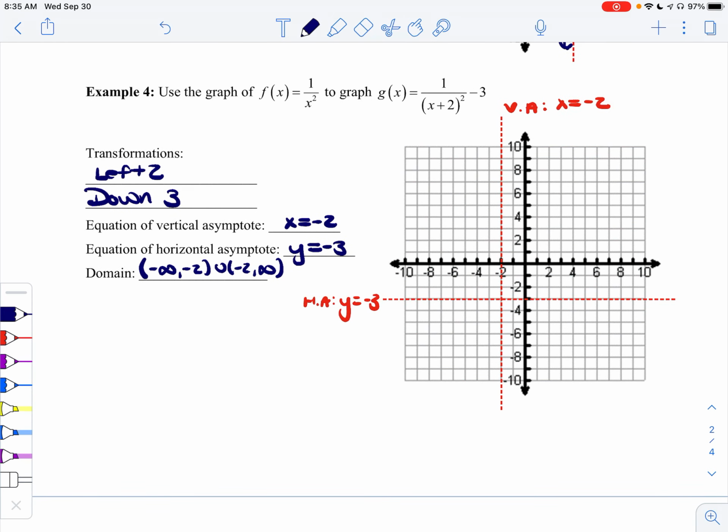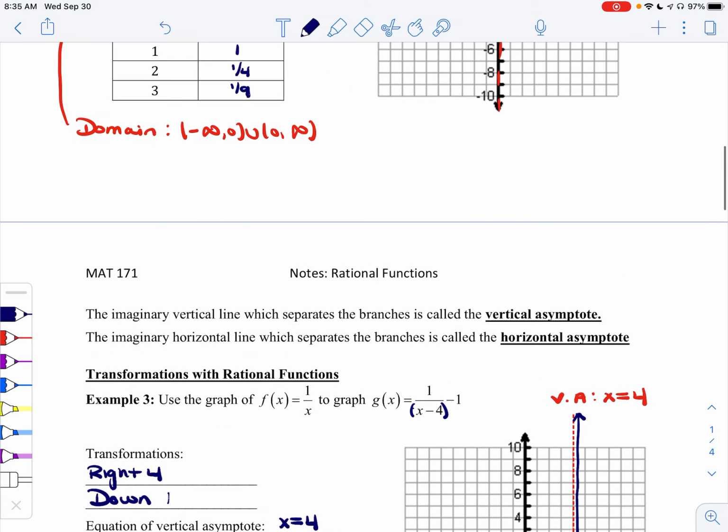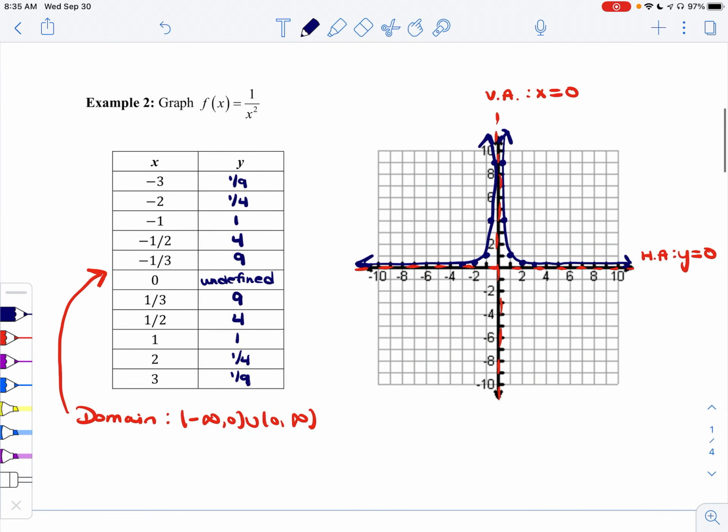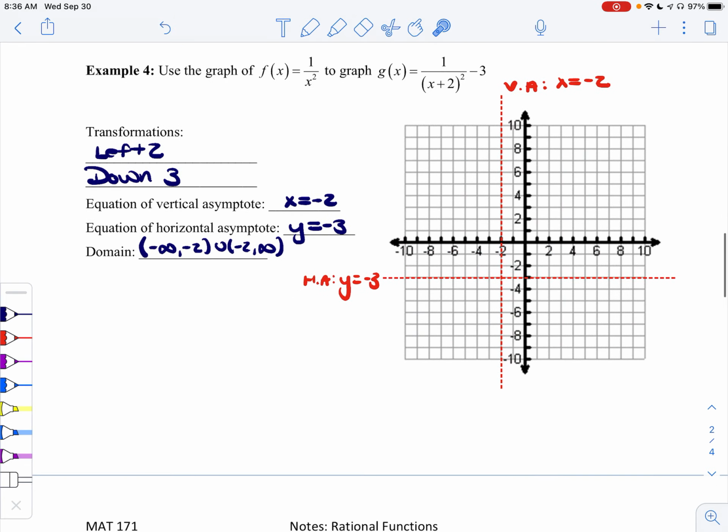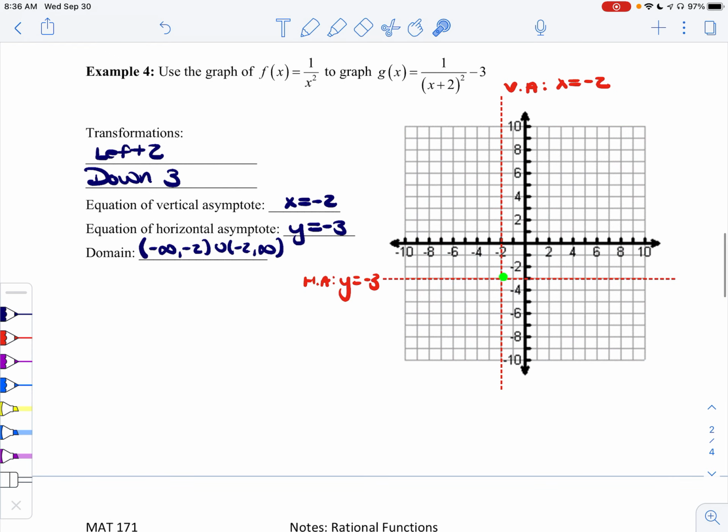All right, and of course we still need to actually sketch in the branches of the graph itself. So again, just remind yourself of the parent function. So relative to our asymptotes, our graph was in quadrants 1 and 2. So now think about this intersection right here as your new origin point. So relative to our new asymptotes, our graph is still going to be in quadrants 1 and 2.